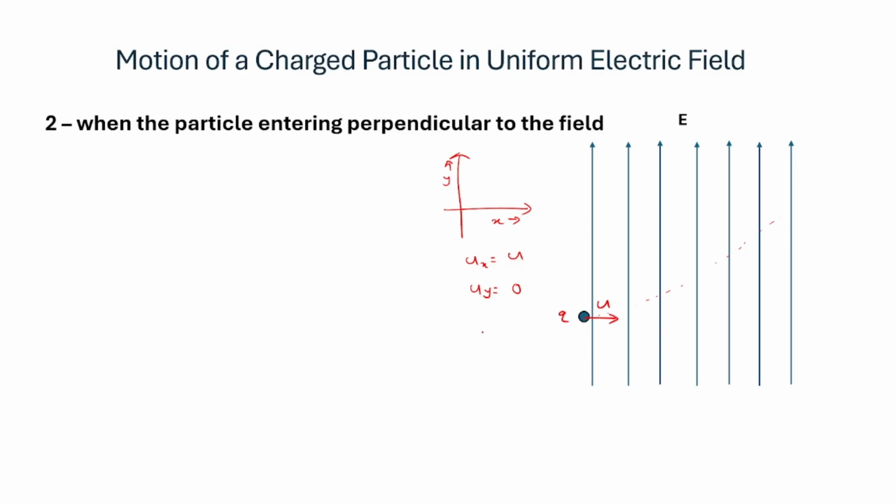And similarly the acceleration in x direction is 0, because there is no force in x direction. But the acceleration in y direction will be qE upon m, that is due to the force exerted by the electric field, which is in the direction of electric field for positive charge.